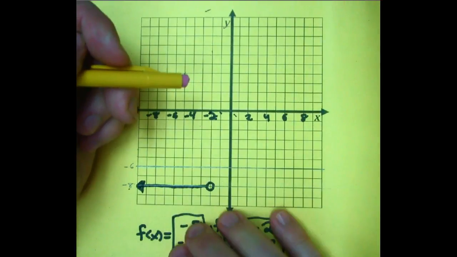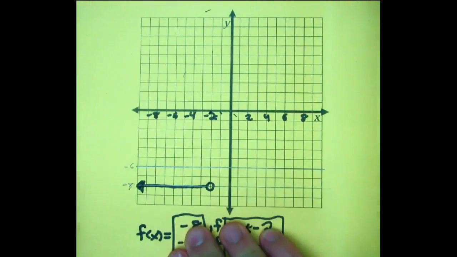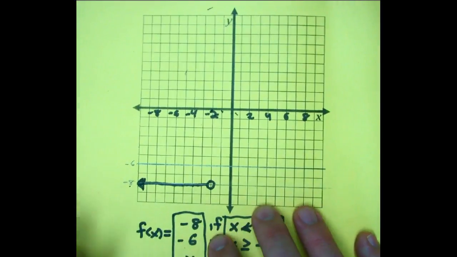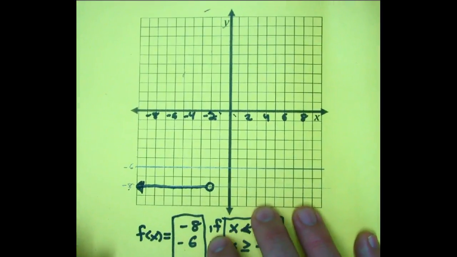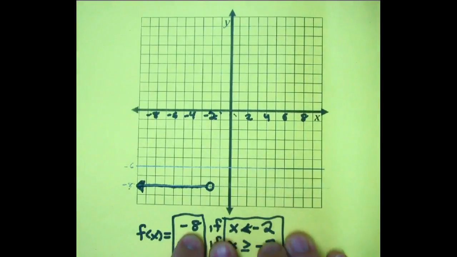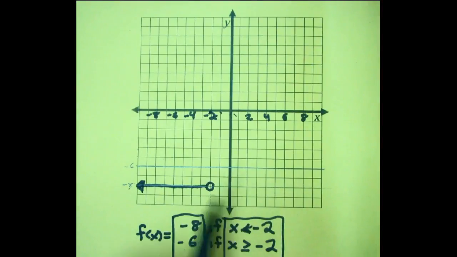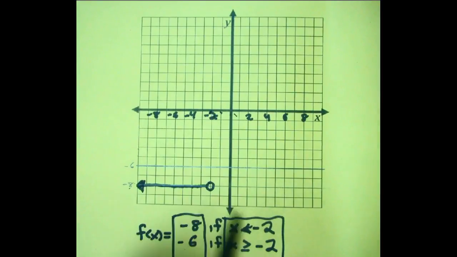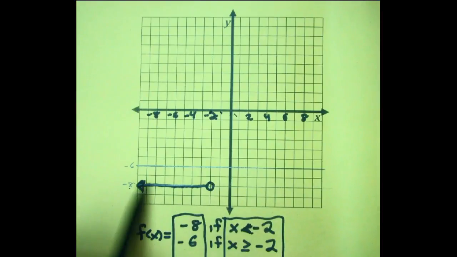After a while, you won't need to do the whole line and then erase part of it, but at the beginning it is easier just to follow that process. So that's the part for -8. It's graphed at y equals -8. And then at -2 is where it actually starts. -2, and since it's less than, it goes to the left.